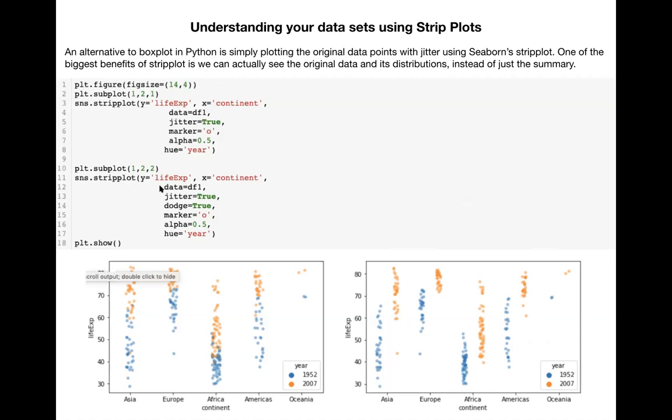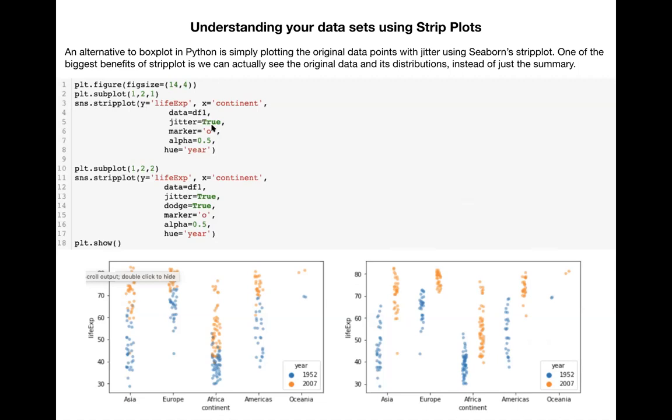So the syntax is similar here. You still use the SNS, which is Seaborn, .stripplot, and y equals life expectancy. So that's the y-axis. X-axis is continent. I'm grouping it by continent. And the data is DF1. Remember that DF1 has 2 years here, right?